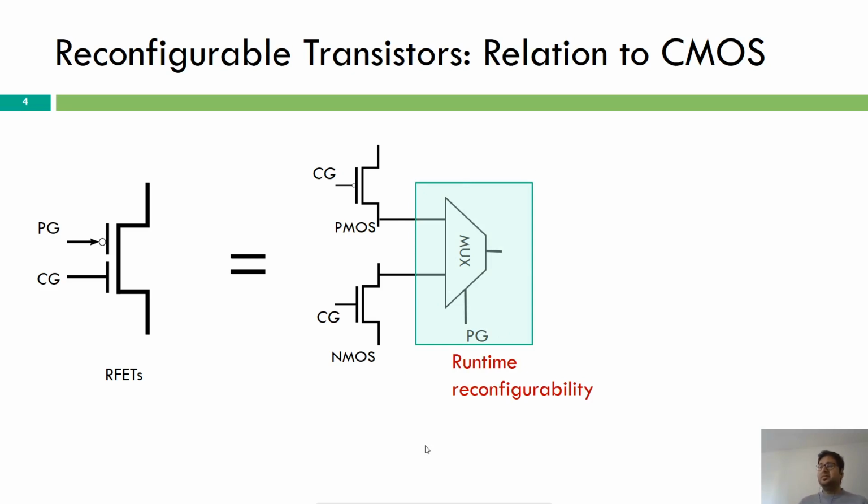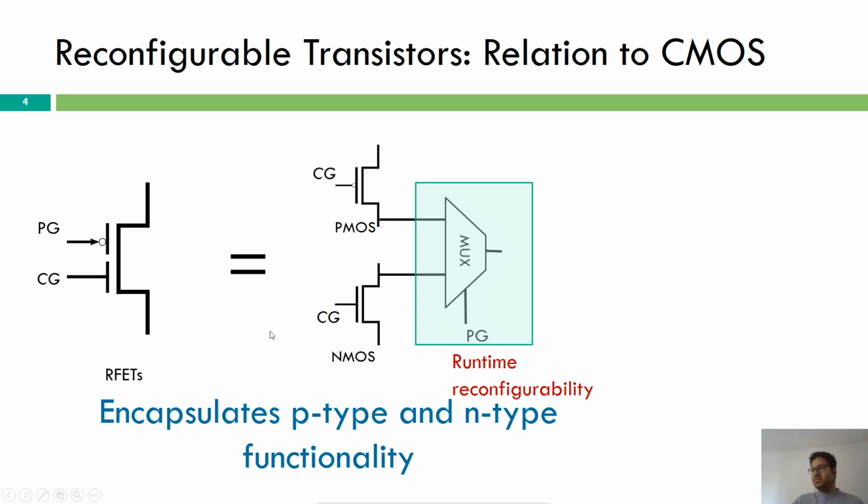This reconfigurability is not a compile time thing, and you can change it at any time in the logic design. This basically changes the way EDA looks at these technologies, and that's the thing we are trying to solve in this presentation.